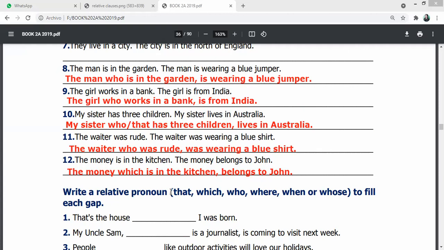Identifique cuál es. Defining or non-defining? Yeah, I mean, which kind of sentences do you think are those? Defining or non-defining relative clauses? The question is, are you giving extra information or not?